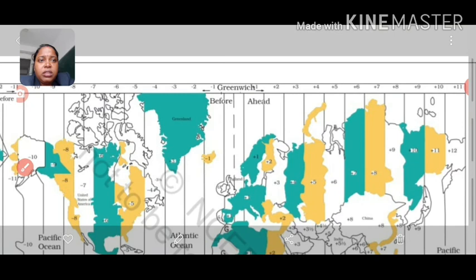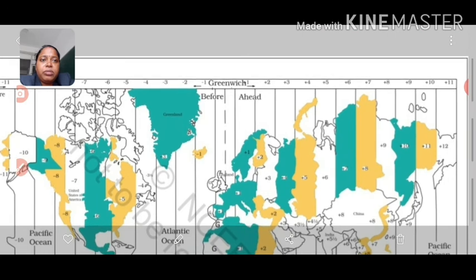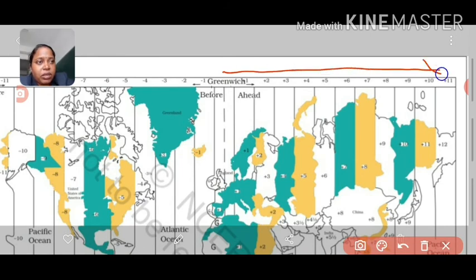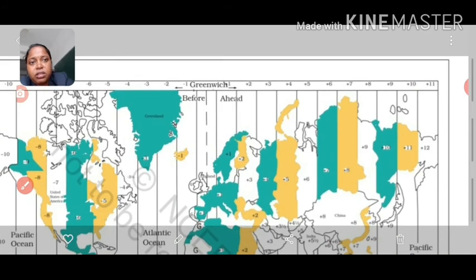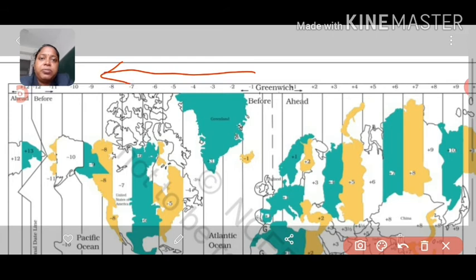Okay. See, when we start the time zone, it goes ahead from this portion, means from west to east, due to the rotation of the earth. Okay, in this direction. And in this direction, it's going towards the negative portion, means it shows the night timings on this portion. Okay, when it's going east to west, it's going towards the night timings.